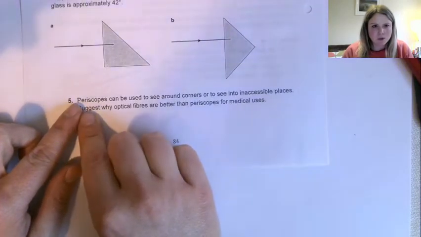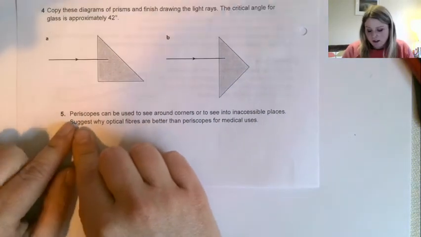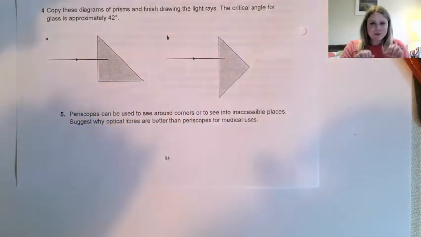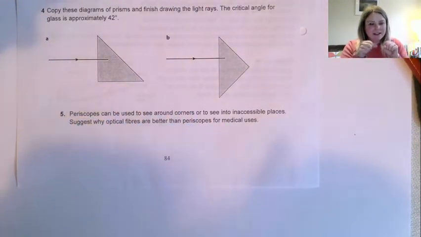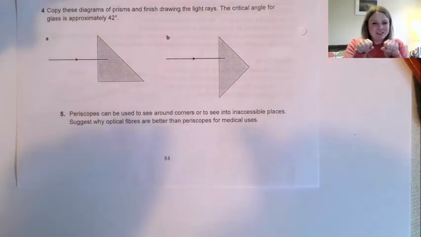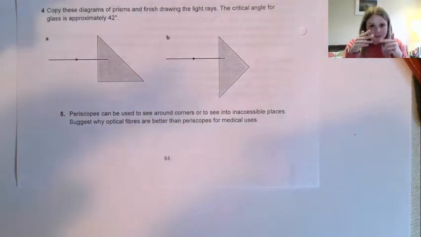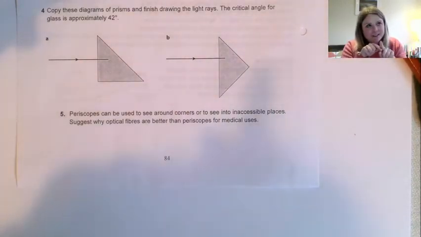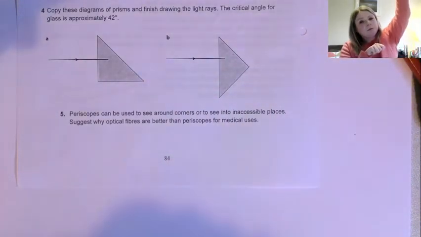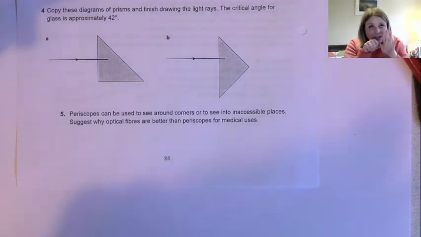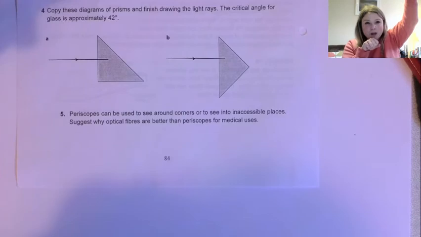This last wee one, I'm not sure if you know what periscopes are. It might be easier to Google it, but do you know those wee things that people in submarines could use? So I'm acting like I'm holding it, but you look in here and then there's prisms totally internally reflecting the light inside, and then there would be a thing away up here, and it means that I can be at this level and be able to see something way up high.